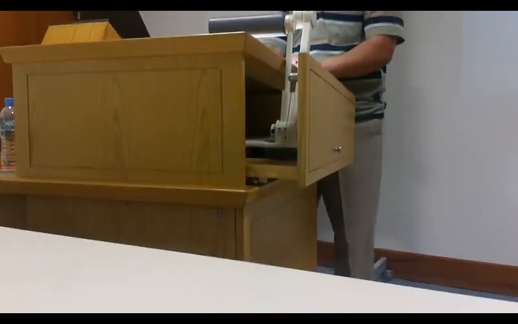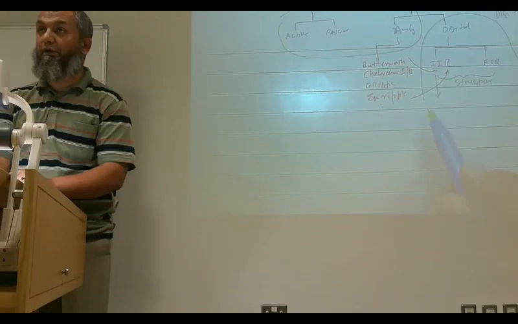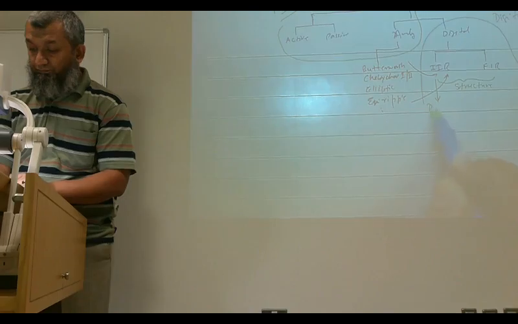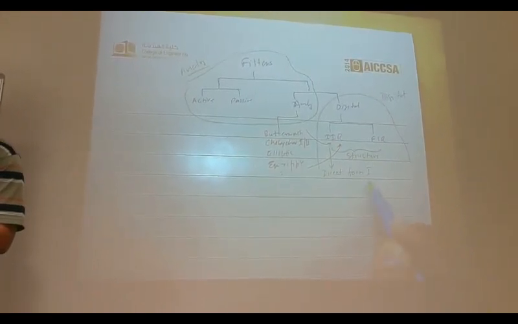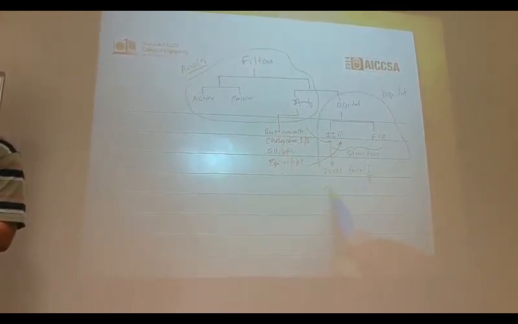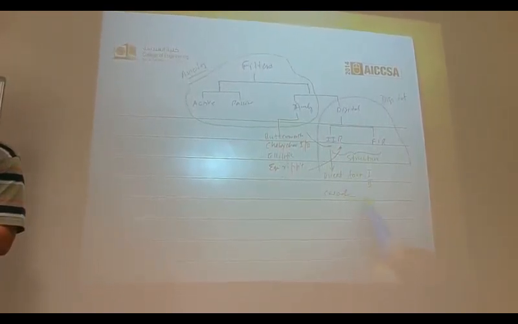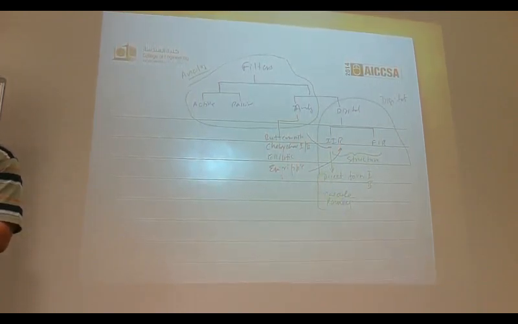Then we went through the structure of these two: direct form 1, direct form 2, cascade and parallel. So 4 types of structures were studied.